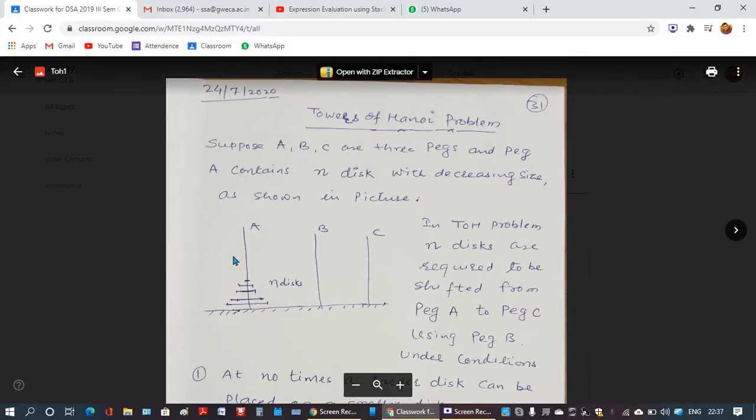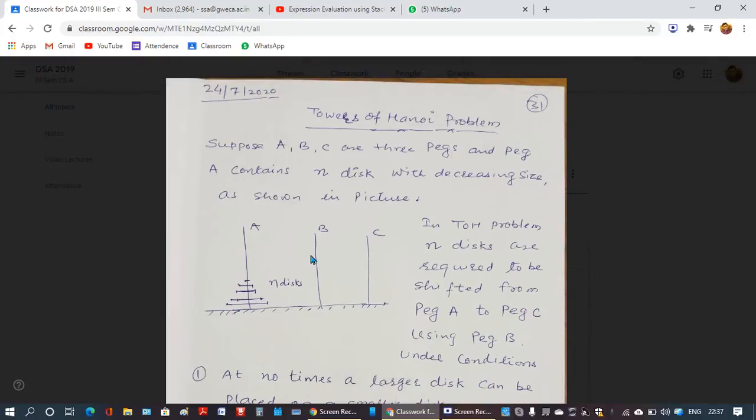So say there are three pegs. So these are three pegs named A, B, and C, and there are n discs. So those n discs are kept in peg A. So the largest disc is at the bottom, and then in decreasing order the discs are kept in peg A. In this problem, we want to shift these n discs from peg A to peg C. So this is our source peg and this is the destination peg.